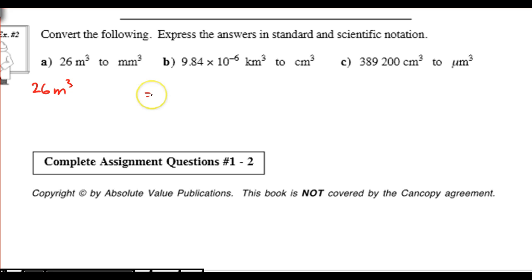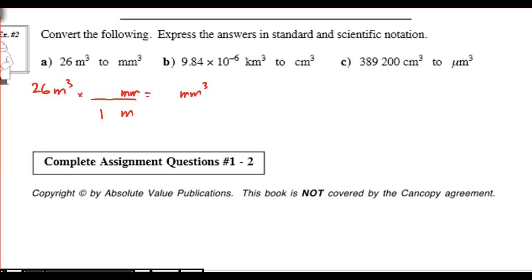Set up your equation here to match everything up here. So the conversion rate for 1 meter to get into millimeters: there are 10 millimeters in a centimeter and 100 centimeters in a meter.